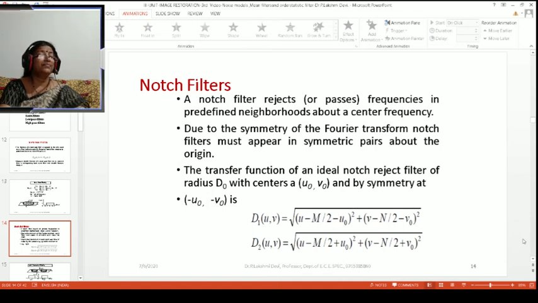Considering the distance D naught from its center frequency, with positive frequencies u naught v naught and negative frequencies minus u naught and minus v naught, D1 of UV is equal to the square root of (u minus M by 2 minus u naught) whole square plus (v minus N by 2 minus v naught) whole square. This is measured from the middle of the image with size M by N, so M by 2 and N by 2. With this, D1 of UV is calculated. Similarly, D2 of UV is equal to the square root of (u minus M by 2 plus u naught) whole square plus (v minus N by 2 plus v naught) whole square.